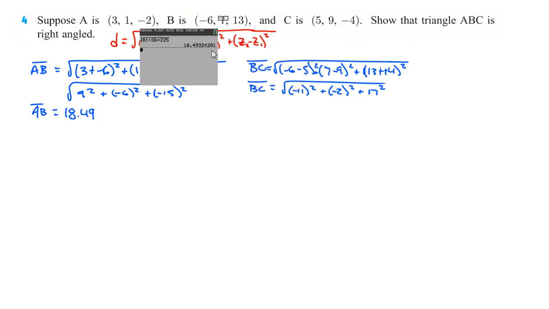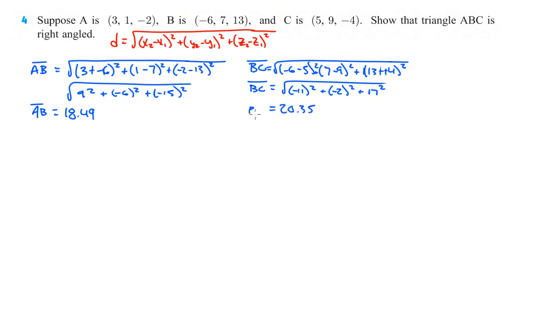Alright, so we can get our calculator back out. Square root of, I'm going to do this without the sign on it, because I know it's going to turn to all positive once you square everything, 11 squared plus 2 squared plus 17 squared, because I don't have 17 squared memorized. Anyway, 20.347 we'll call it. Let's do 20.35, I guess. So that's what we did with the other one.